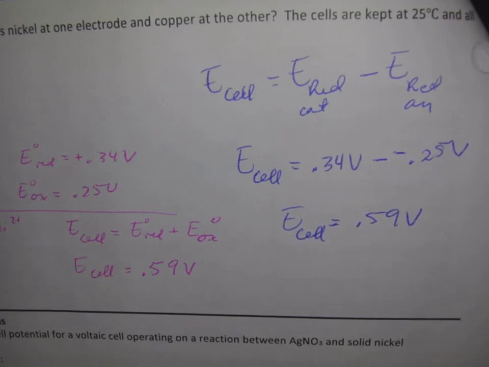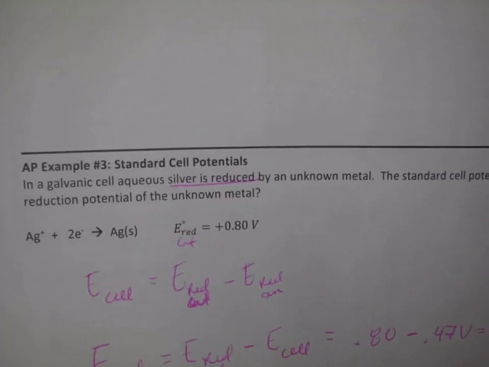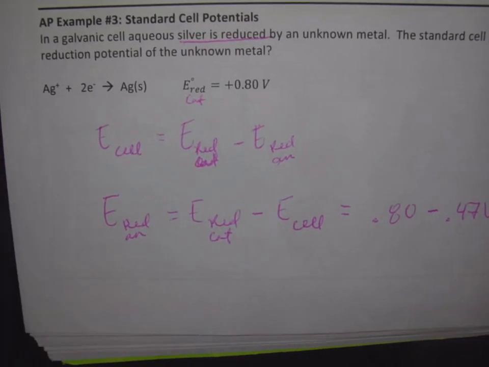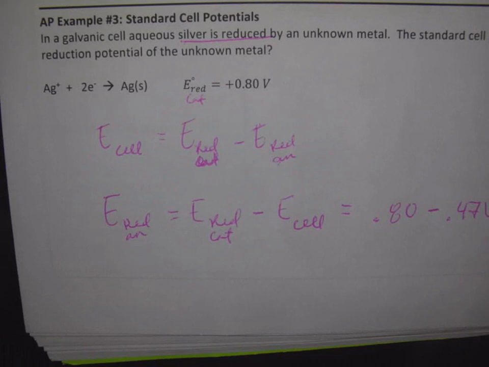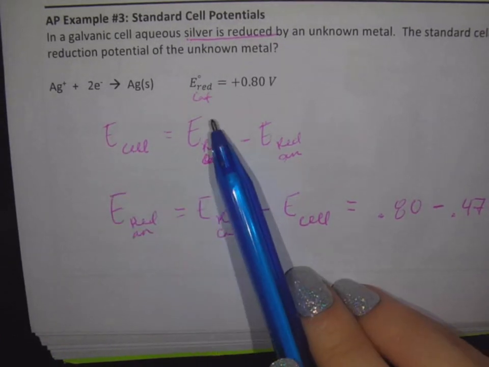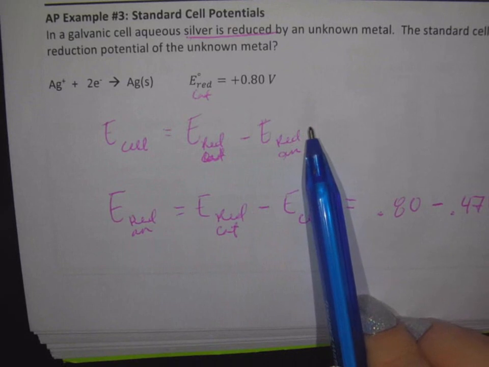Look at number 3. Number 3, it tells us in a galvanic cell, aqueous silver is reduced. Okay, so this is important information because if we're doing this E cell and it's reduction minus reduction, right?